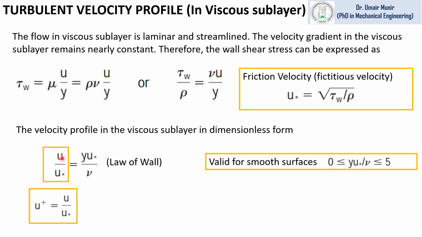The left hand side of this equation, u over u star, can be replaced by u plus, and the right side, y u star over mu, can be replaced by y plus. So the law of the wall can be simplified in this way. The law of the wall is applicable in the viscous sublayer.